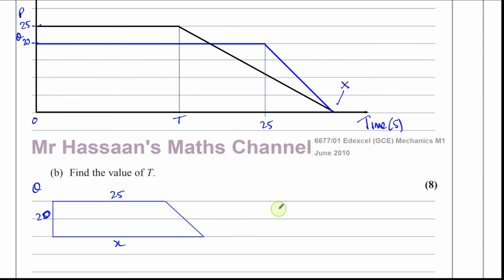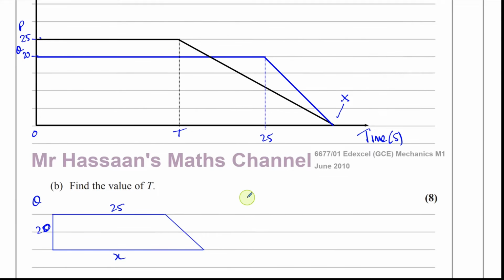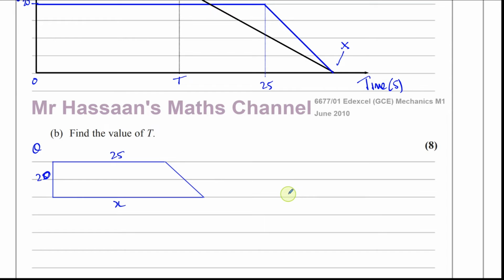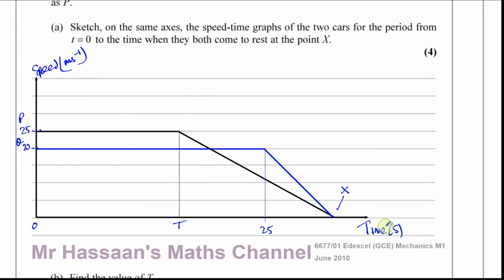Why am I considering the shape of a trapezium? Because we know that in a speed time graph, the area represents the distance traveled. And we know that the distance traveled in this case, as they told us in the question, is 800 meters for both P and Q. They both traveled the same distance.